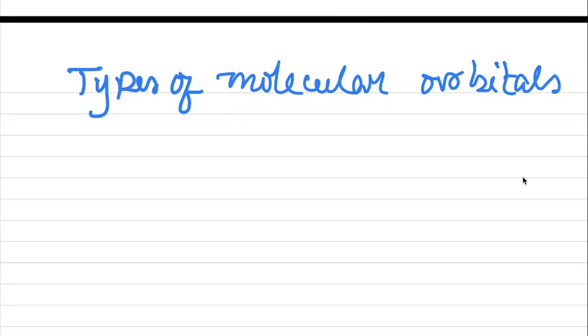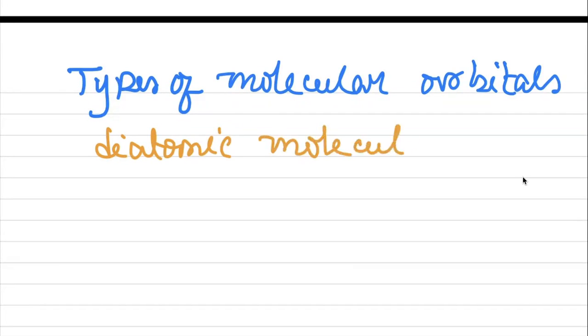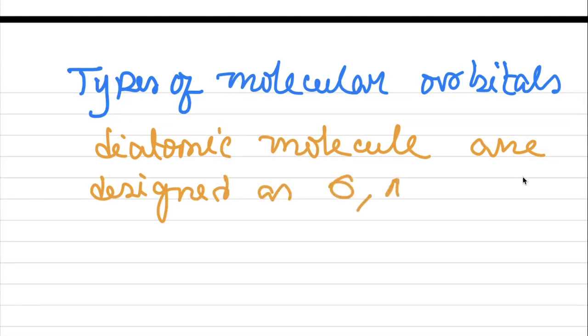Types of molecular orbitals are actually three types. Molecular orbitals for a single atomic molecule are only sigma type, and molecular orbitals for a diatomic molecule are designated as sigma, pi, delta.